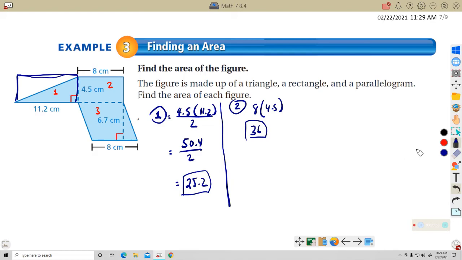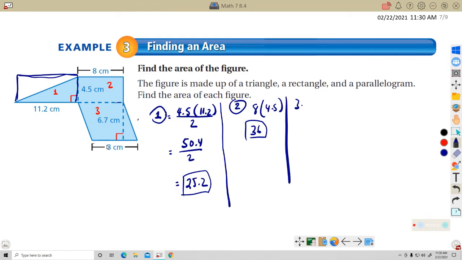But what we call them doesn't matter. Maybe you can imagine that if I cut this rectangle out and stuck it over here, I'd have a rectangle, right? So I can just treat this as a rectangle. Area 3 is going to be 8.